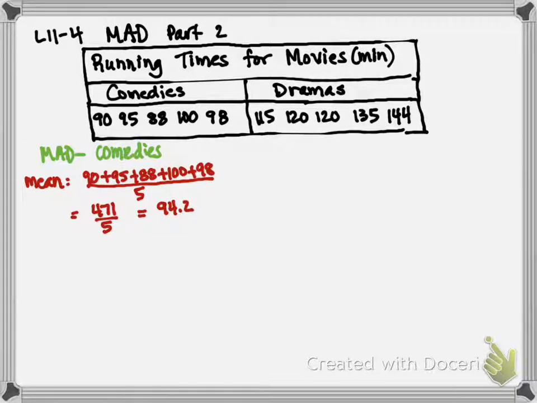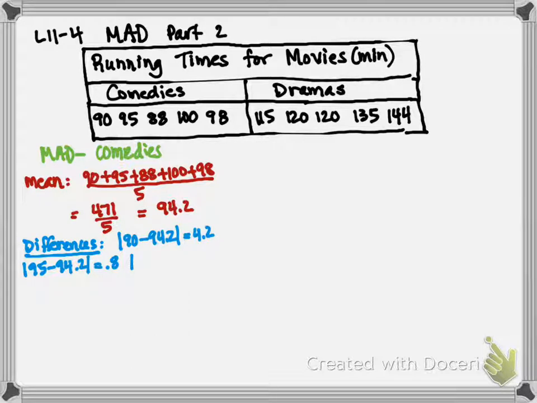Now we have to do the differences. We take the difference of 90 and 94.2, take the absolute value, and we get 4.2. Then the absolute value of 95 take away 94.2 gives 0.8.